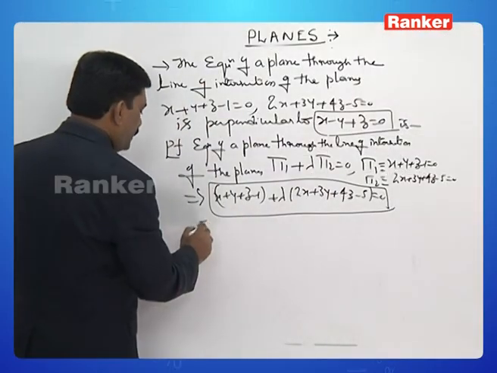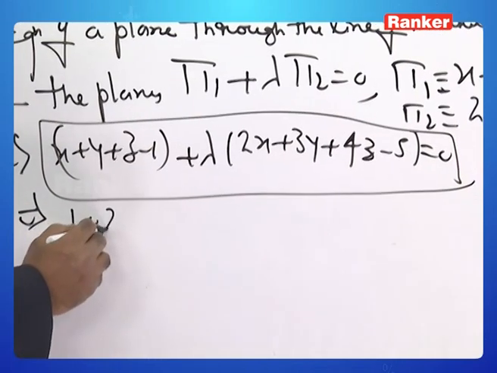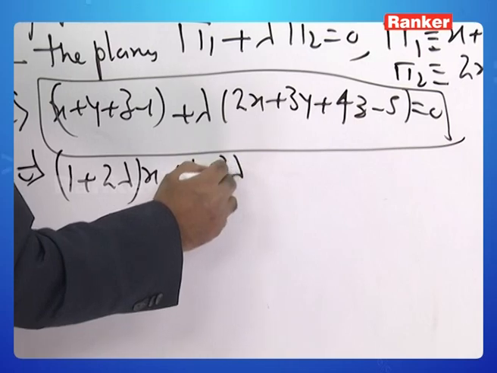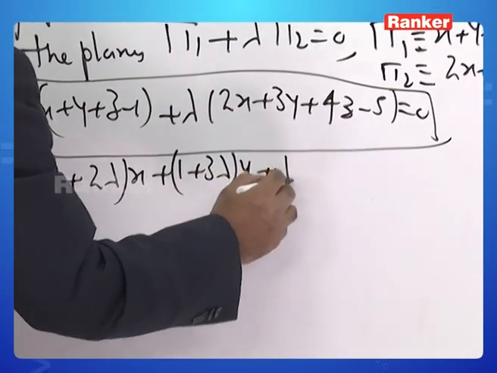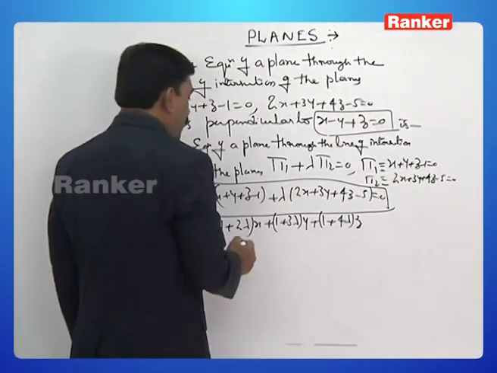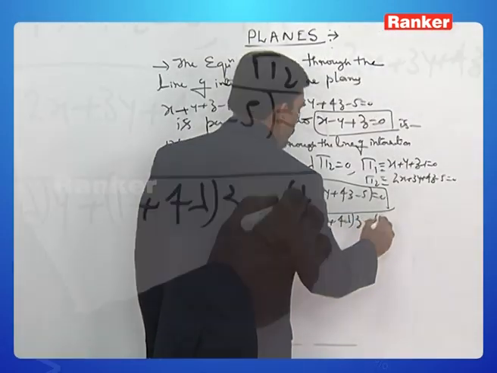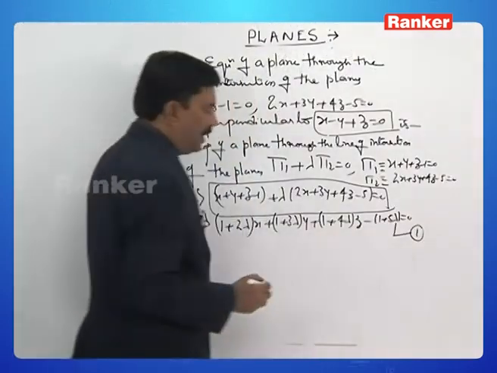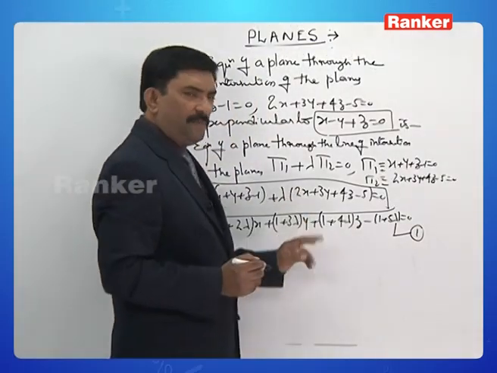Simplify this: (1 plus 2 lambda) into x, (1 plus 3 lambda) into y, (1 plus 4 lambda) into z, minus (1 plus 5 lambda). Both are the same.